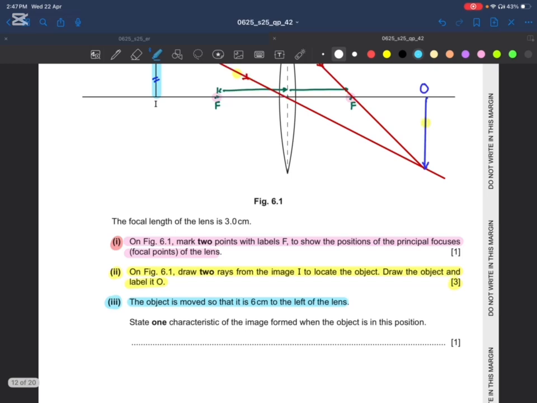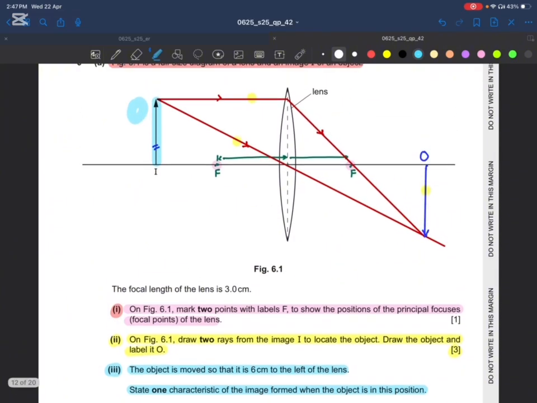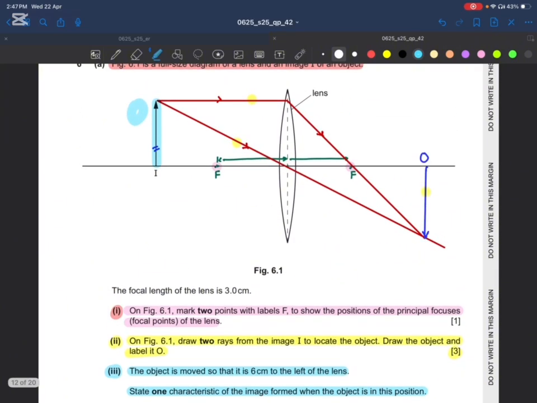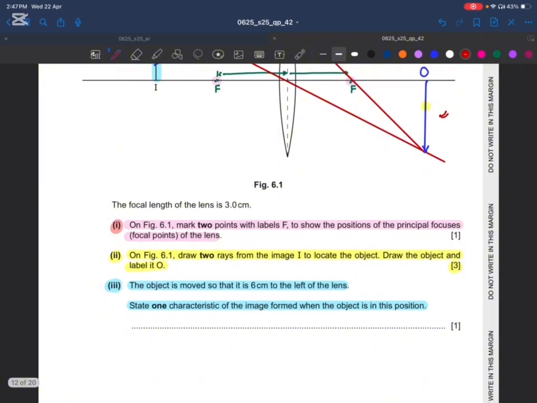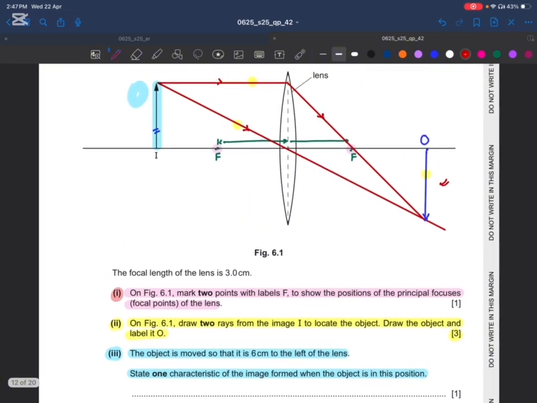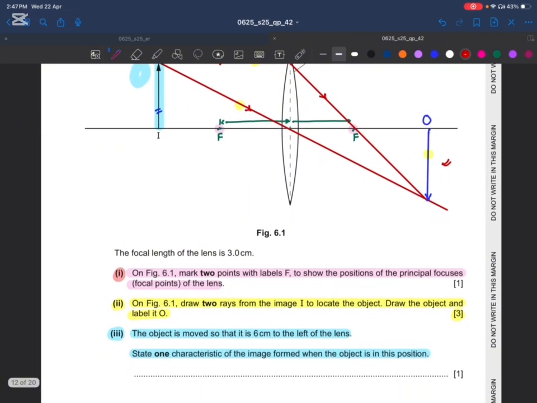State one characteristic of the image formed when the object is in this position. As you can see here, the image is upside down, inverted, but in both cases the image is always real.